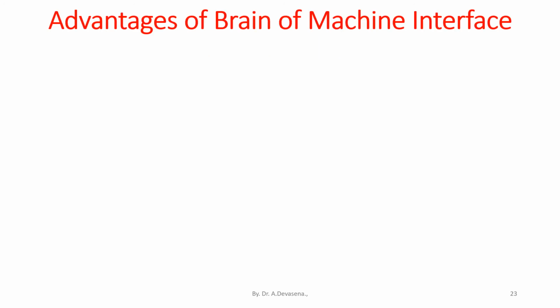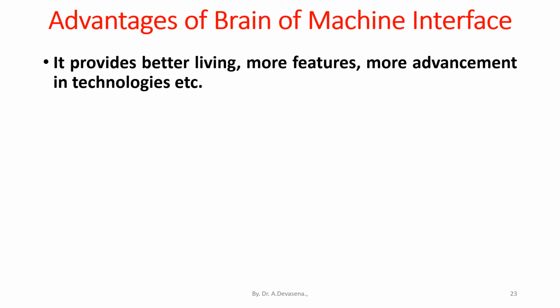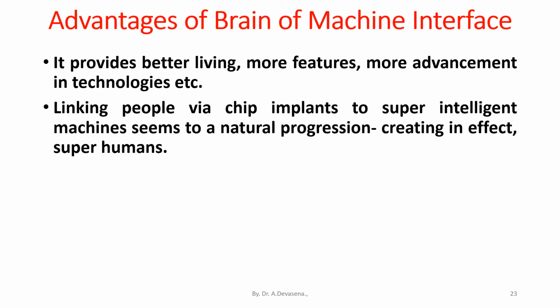Advantages of brain-machine interface. Provides better living, more futures, more advancement in technologies, etc. Linking people via chip implants to super intelligent machines seems a natural progression, creating in effect superhumans.